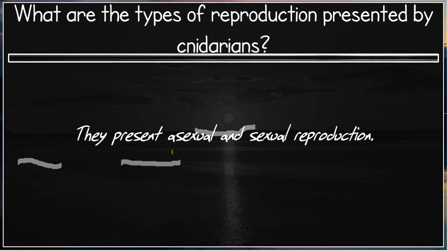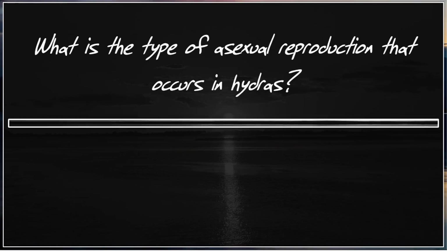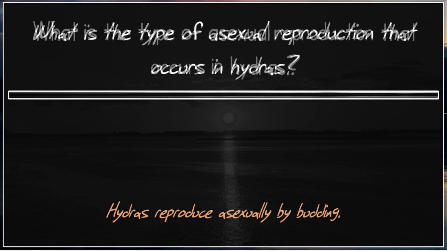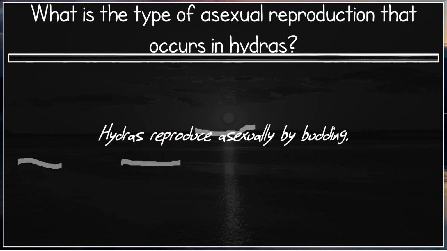They present asexual and sexual reproduction. What type of asexual reproduction occurs in hydras? Hydras reproduce asexually by budding.